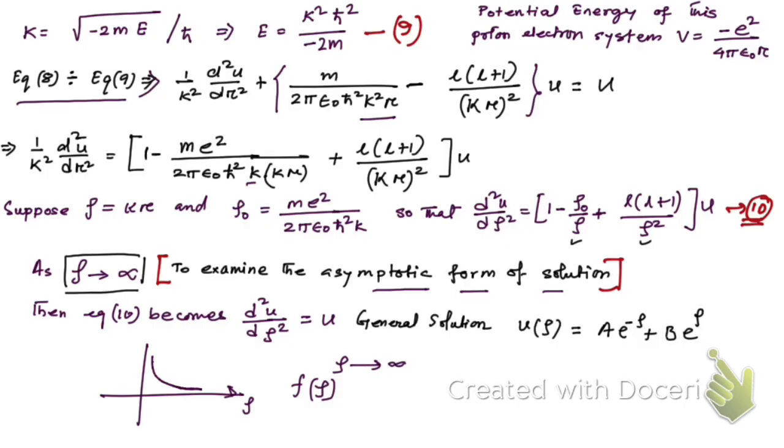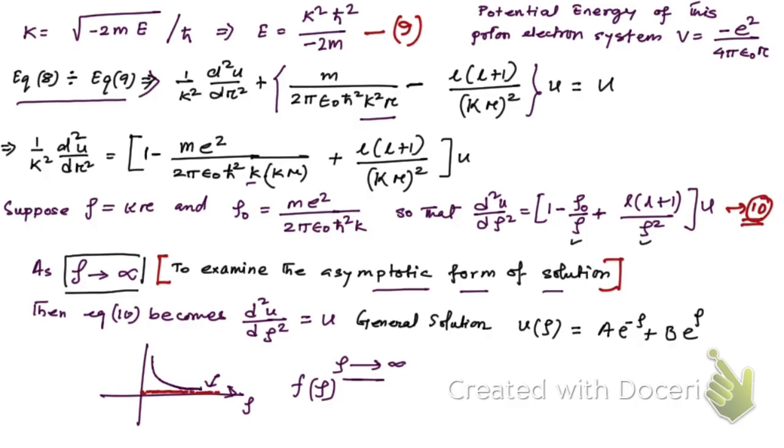Suppose we have a line here such that as rho tends to infinity, this graph approaches this red line but never touches this red line, okay. Then this is called asymptote, and this behavior is called asymptotic behavior.